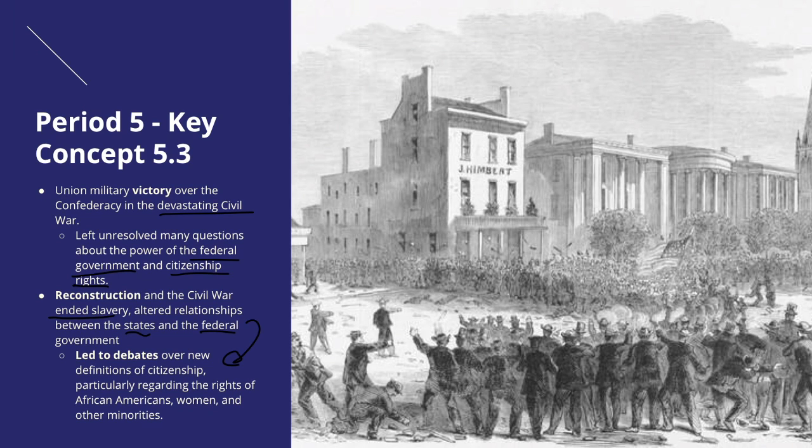And again, this is continued, but it's even more intense now. Even though the Civil War is over, people are trying to come together, but when they're coming together, they're butting heads. They're also going to look at what the rights of African Americans should be and what the rights of women should be, along with all of the other minorities that are in the U.S.